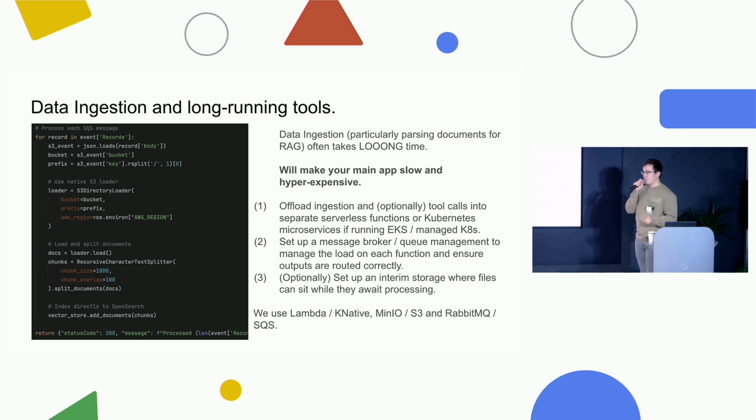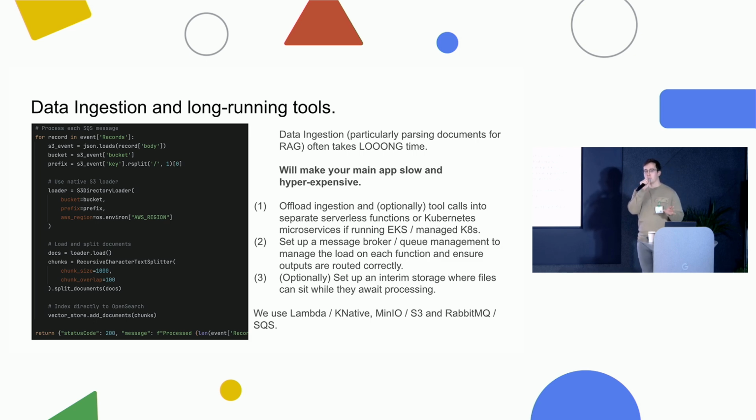So one more thing which we've encountered is data ingestion and some tool calls with agentic architectures can take a very long time. Such a long time that it can make your application freeze permanently. So don't put them in the same container as your main application, as your main chain. Spin them out. You can offload them to a serverless function.